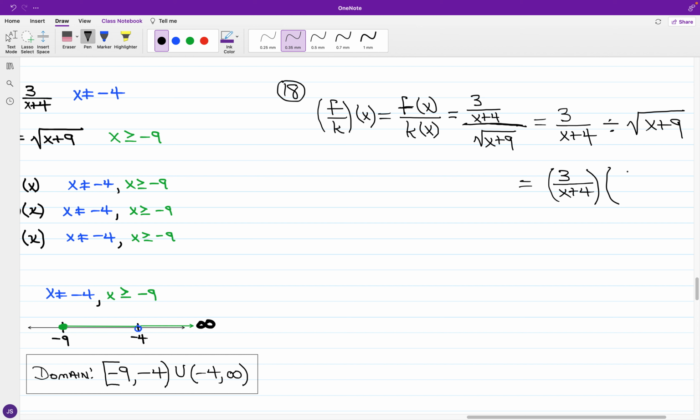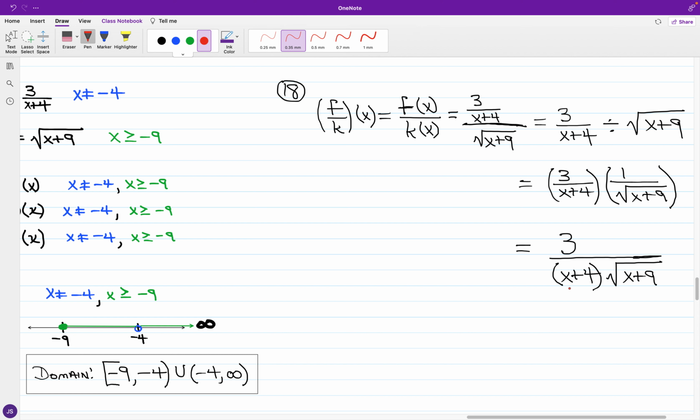So dividing by the square root of x plus 9, we'll have multiplying by the reciprocal, 1 over the square root of x plus 9. So multiplying together, we've got the constant 3 in the numerator, whereas in the denominator, we'll have two variable expressions: the quantity x plus 4 times the square root of x plus 9.